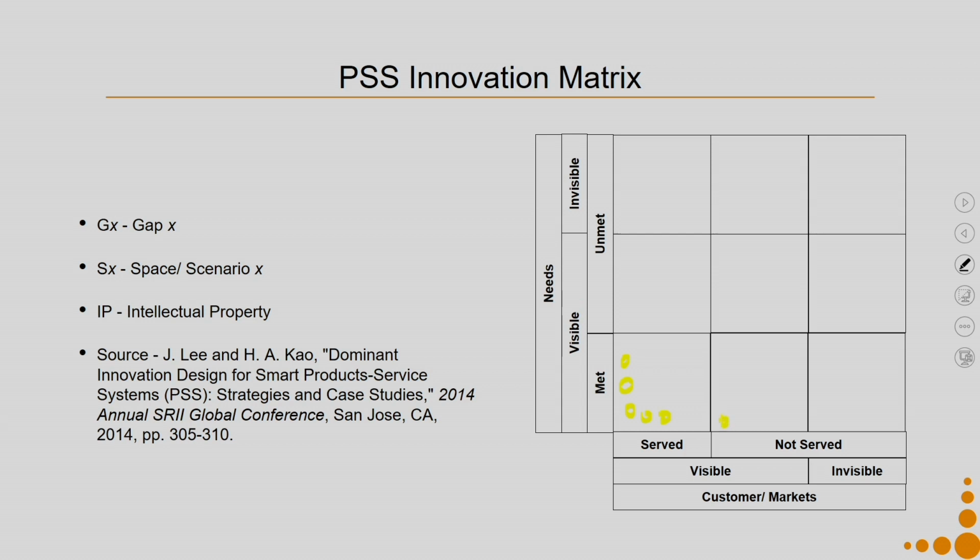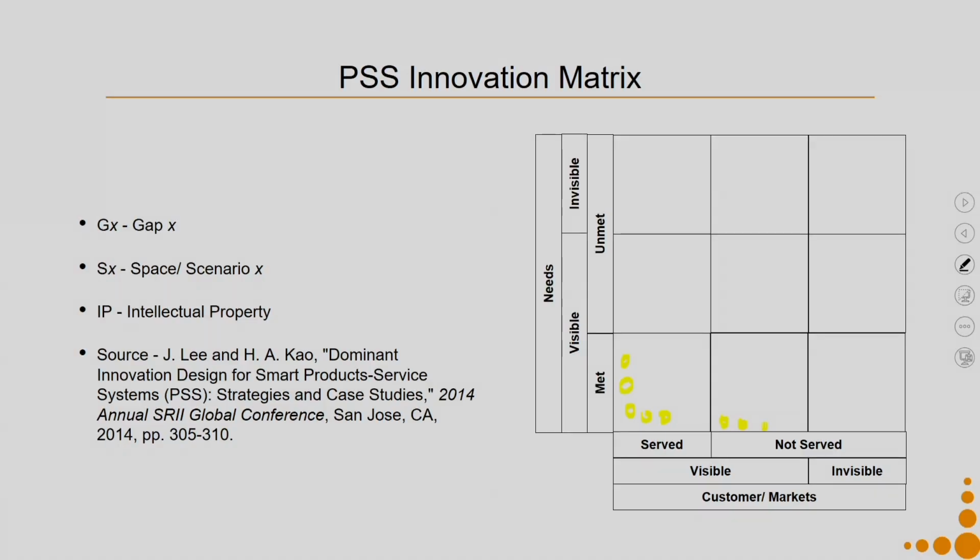Here I have visible but not served, but somehow the needs are met by some other sources. Say for example, I need clean water for taking a shower; people know that particular need. I know that we need clean water for cleaning our utensils and cleaning our fruits and vegetables. We know that there is a customer segment which exists over there.